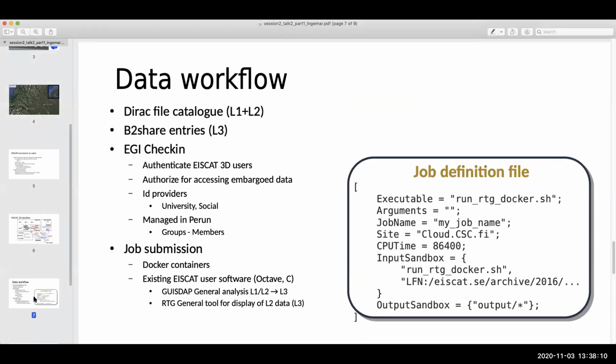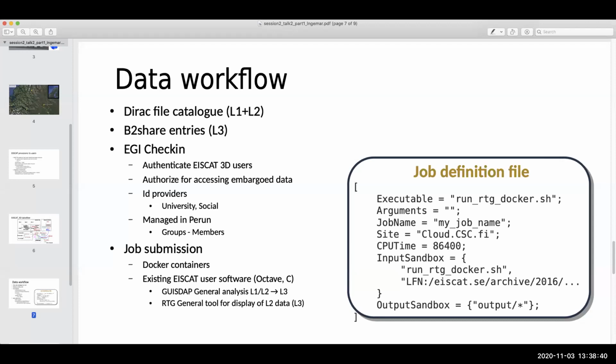So we have different levels of data. The Dirac file catalog is handling the lowest level of data. The higher level is supposed to go into B2Share, which is the right products of the radar, that is, the physical parameters of the ionosphere and atmosphere.